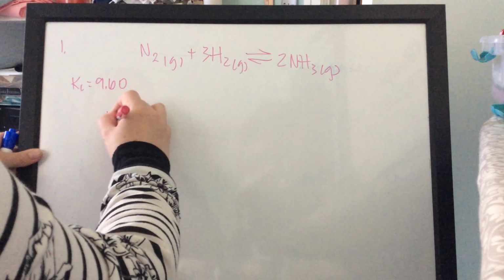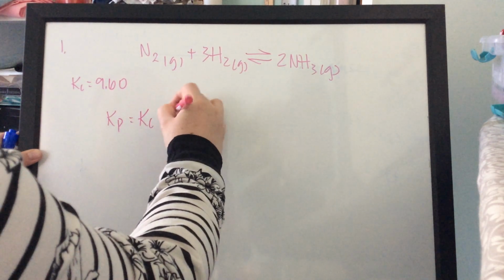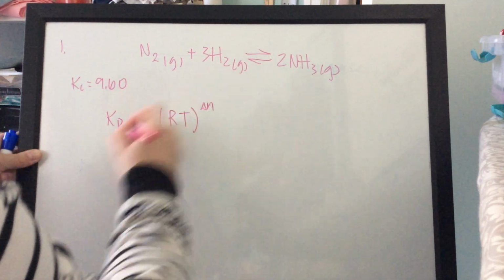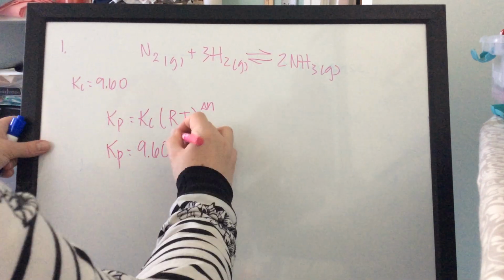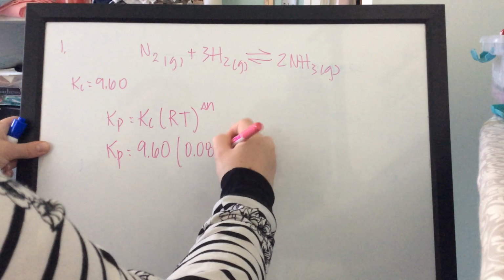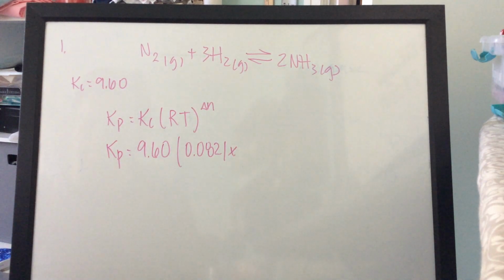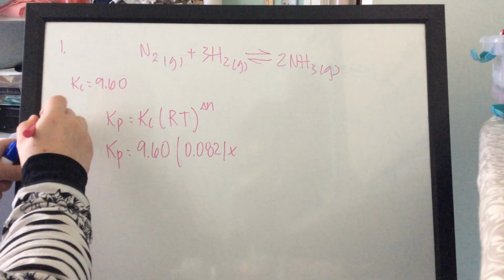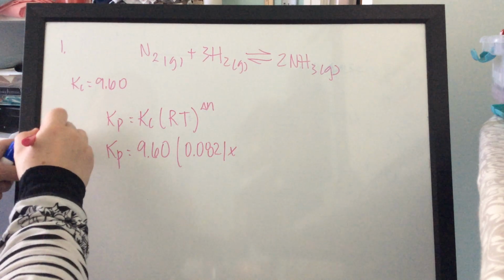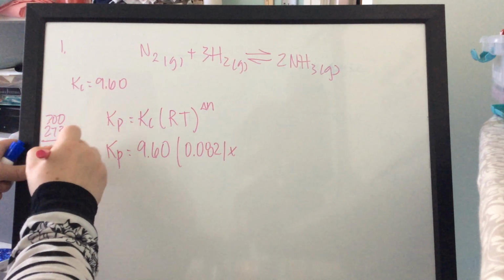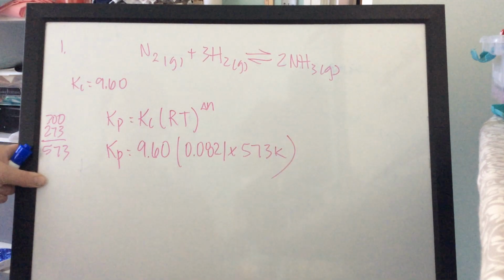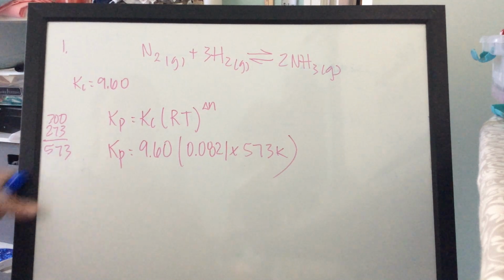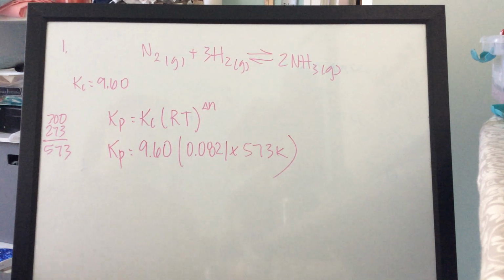So I know my formula. I just learned it. So Kp is going to equal Kc. They told me what Kc was, 9.60, times the value of R times T. They had to tell me a temperature, and they did. It's 300. So 300 plus 273 is 573 Kelvin. And I'm going to raise that value to the change in number of moles of gas.